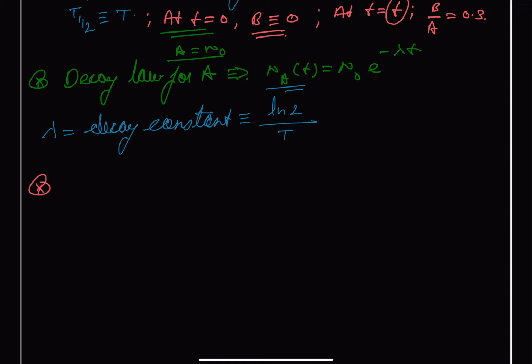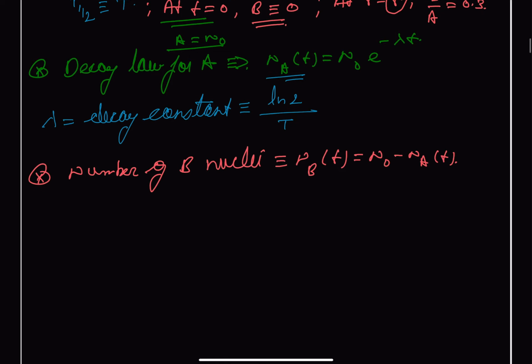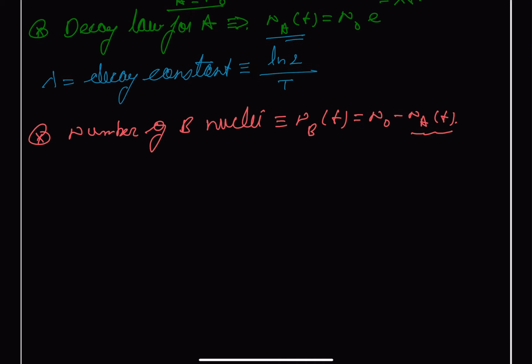So you can say the number of B nuclei, N_B(t), will be equal to the initial of A minus the remaining of A. And we substitute the value of N_A(t), so from here we get that the number of nuclei of B at time t will be equal to N0 times, we can take common, 1 minus e raised to power minus lambda t.